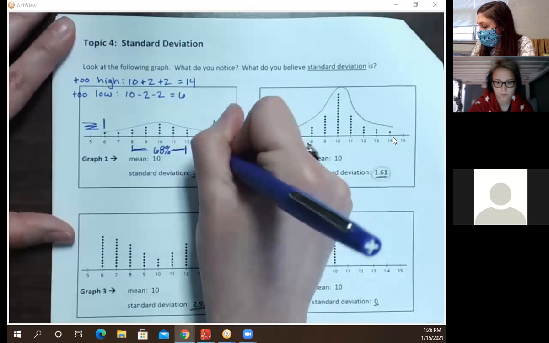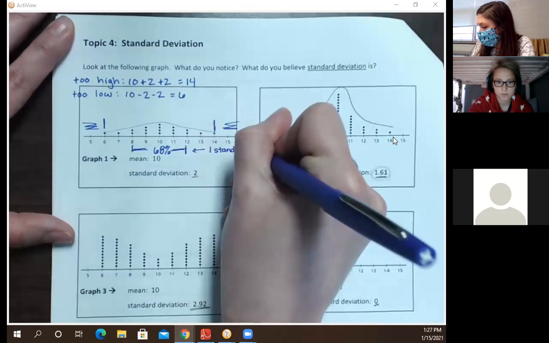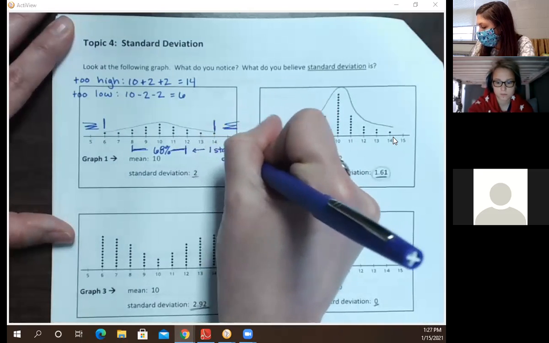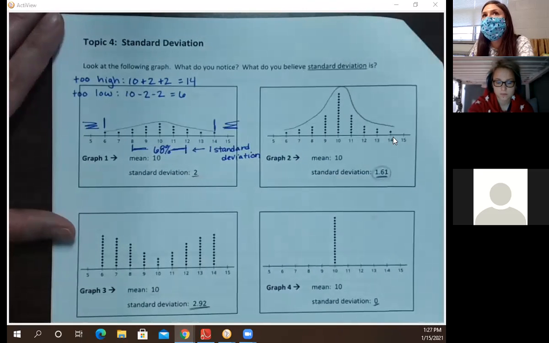This is 1 standard deviation. More than half of my data, I would typically expect to find within 1 standard deviation of my mean.